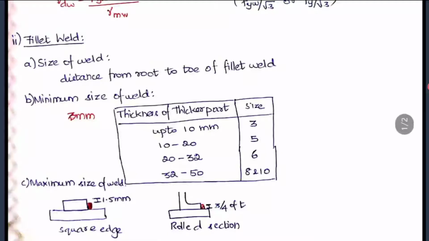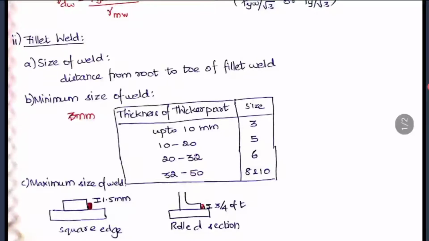If two steel plates have to be connected, the thicker part's thickness should be taken, and based on that the minimum size of the weld changes. Generally the minimum value is 3 mm for up to 10 mm thicker part; 10 to 20 mm means 5 mm, 20 to 32 mm means 6 mm, and 32 to 50 mm means 8 or 10 mm will be taken as the value. So this is for the minimum size of the weld.